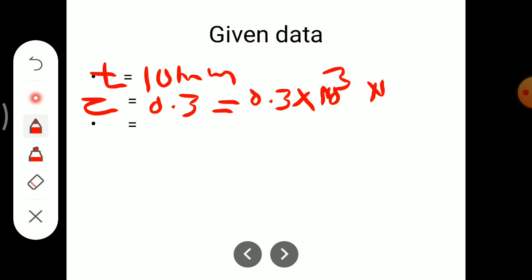So the final unit is newton per mm square.